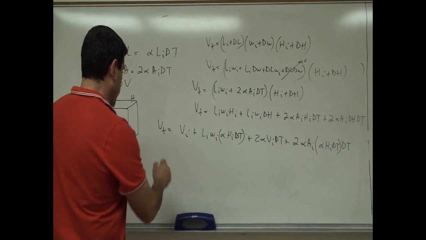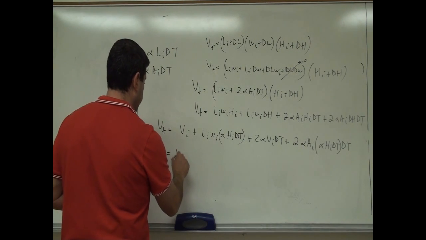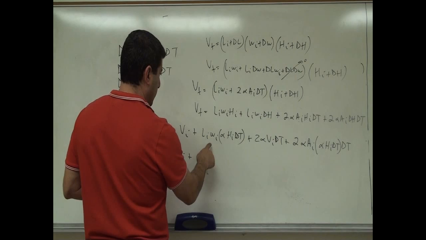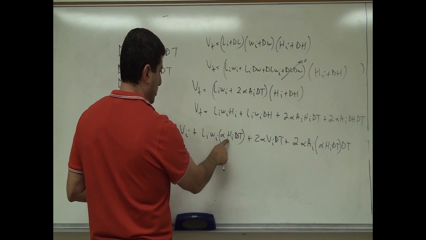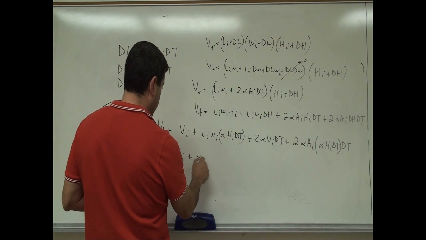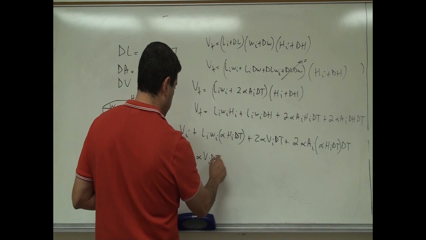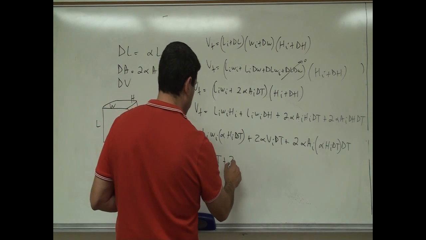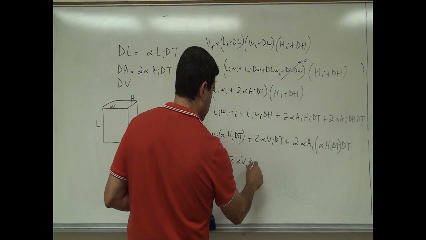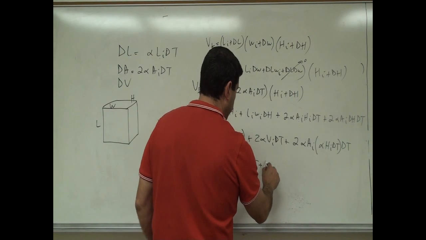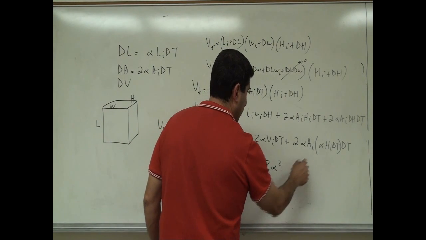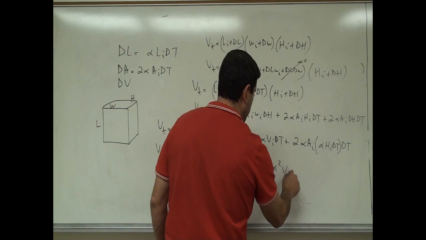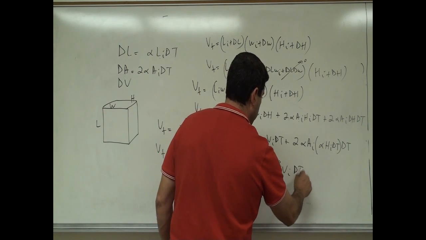Right? So then what are we going to have here? V final is going to equal V initial, plus L initial, W initial, H initial is the initial volume, so alpha V initial delta T, plus 2 alpha V initial delta T, plus you have 2 alpha squared A initial, H initial is the initial volume, and then delta T squared.